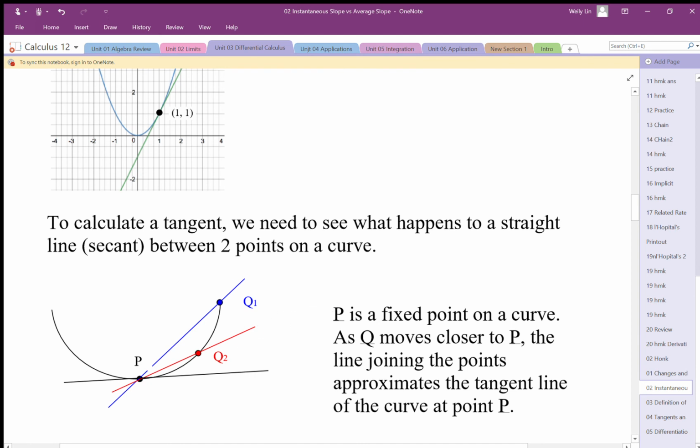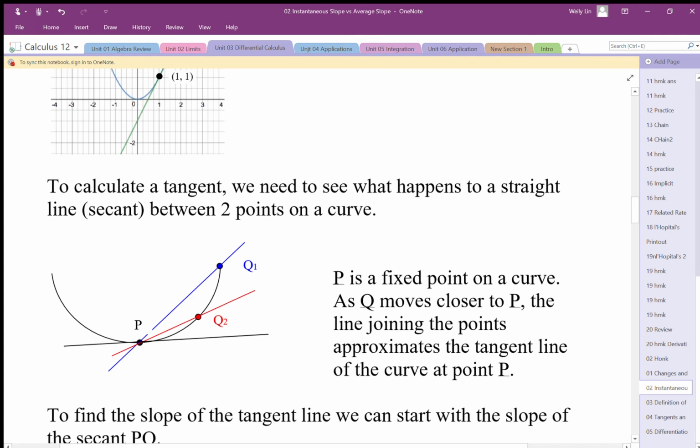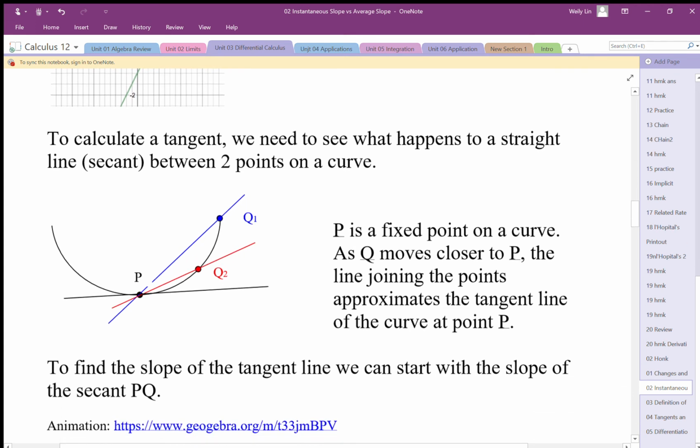And we can make a further argument then. If we're getting better as we move towards P, I can find a Q3, some point even closer, right about there. And that secant line slope is an even better approximation of that black line.